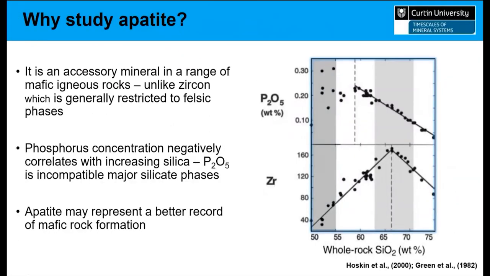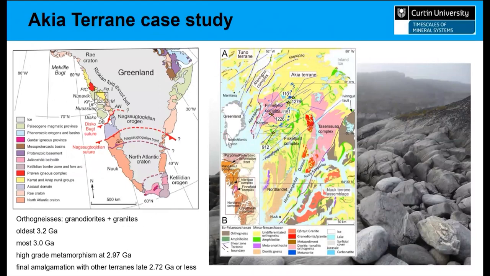It means that apatite becomes useful. Apatite becomes useful because it tends to grow in less silica saturated melts, and opens up our compositional range for geochronology down to lower silica concentrations.